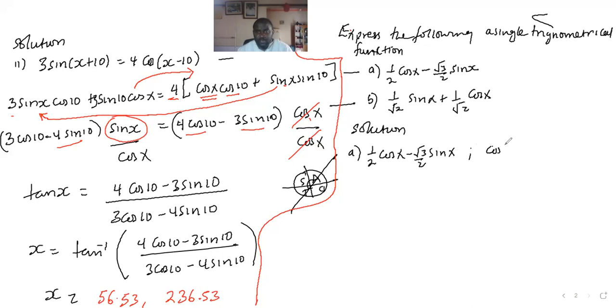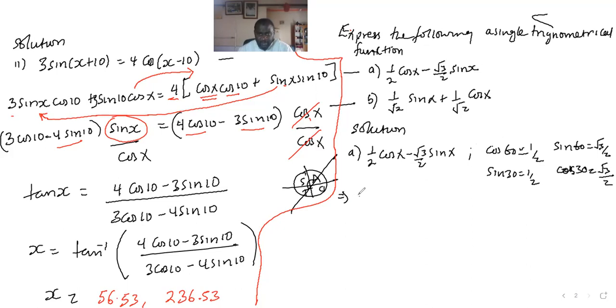Cos of 60 is 1/2. Sine of 60 is √3/2. Likewise, sine of 30 is 1/2. Cos of 30 is √3/2.